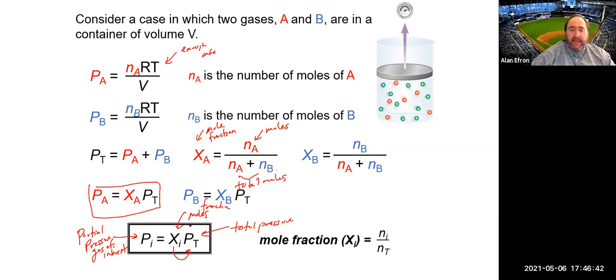Any questions on that? So these are two distinct ways that you can figure out the partial pressures of gas. When should you use each of these?